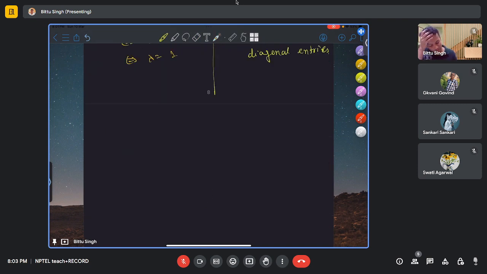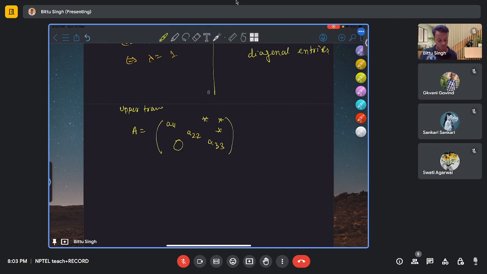How do you prove that? Suppose A is this n by n matrix, A11, A22 up to Ann. Let us consider this upper triangular matrix, and there will be some entries above the diagonal. Let us not consider those.